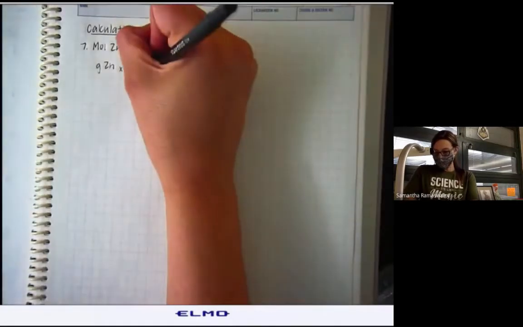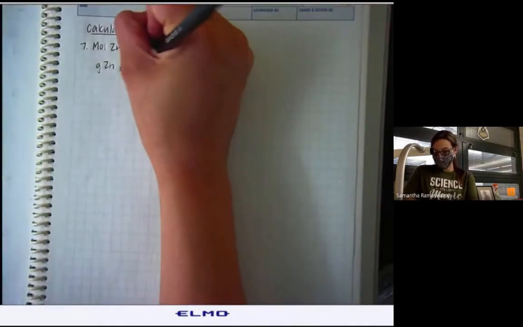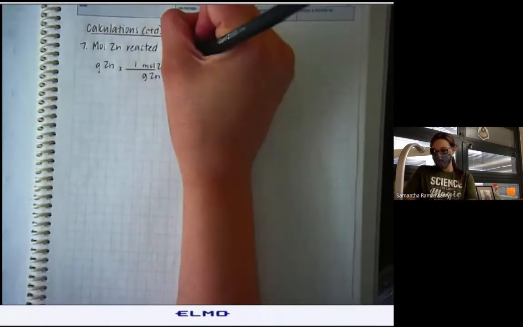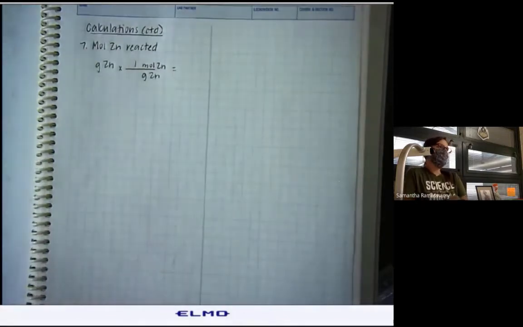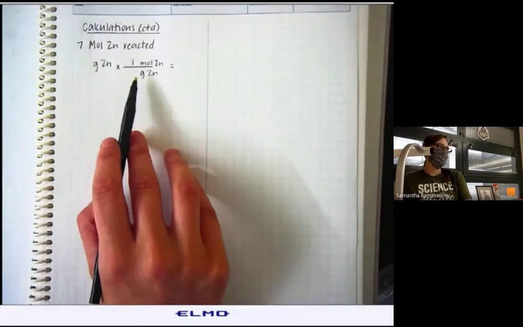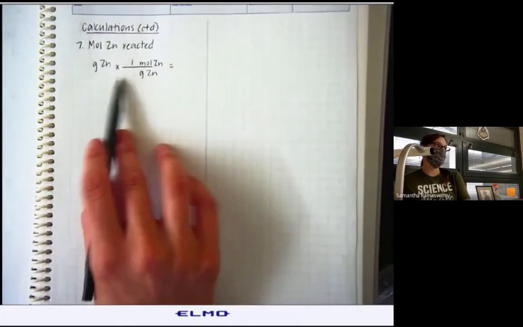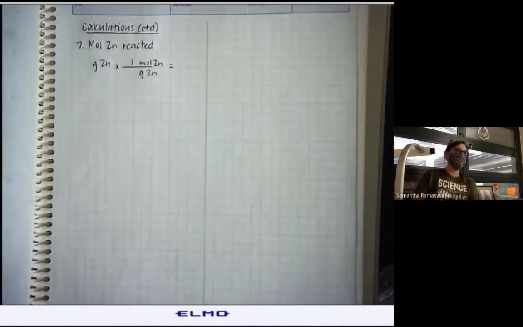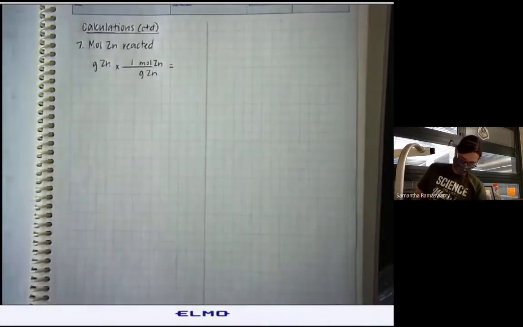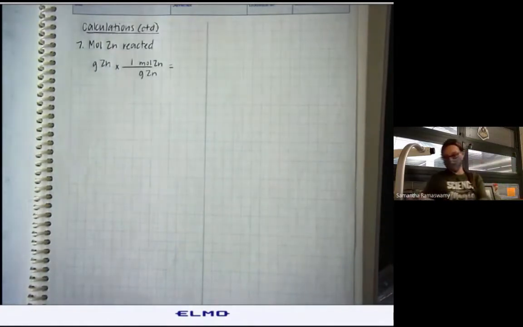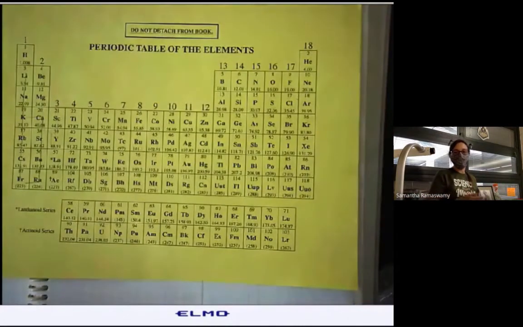I want to go from grams of zinc to moles of zinc. How do I go from grams to moles? What gets plugged in here? Or where do I find this mass? All right, molar mass in the periodic table. So where's my yellow here? Oh, there it is. All right, yellow periodic table. You guys picked this up last week.